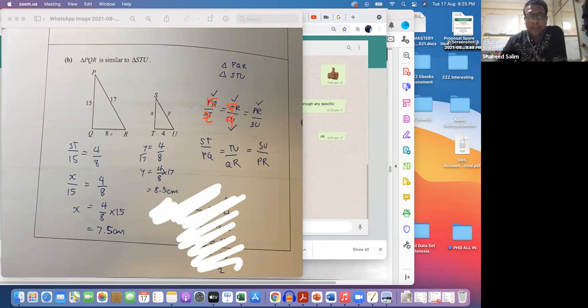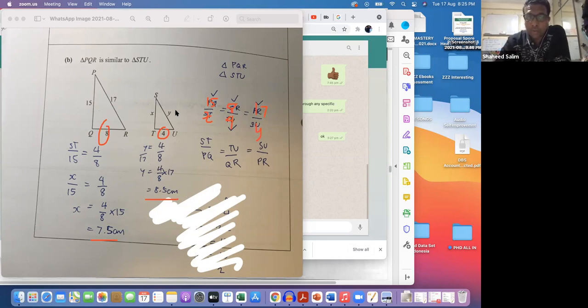And then PR is 17 over, we don't know Y. But we do know that down here, let us test whether we get the same answers as here. So now you have 1, 8 and 4. 8 divided by 4, you get 2. So from big going to small, you divide by 2. So 8 divided by 2, you get 4. 4 times 2, you get 8.